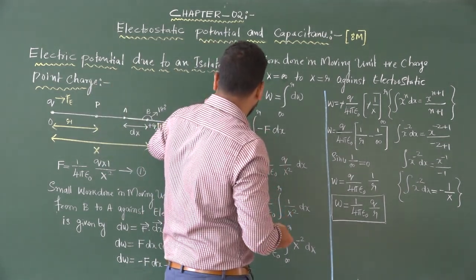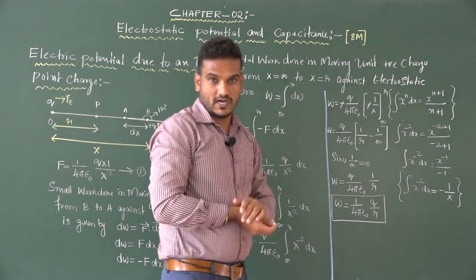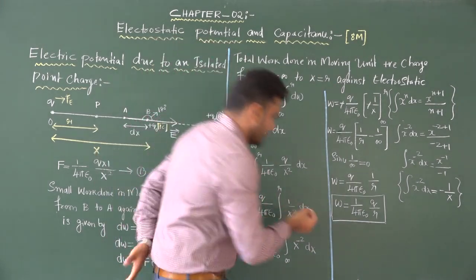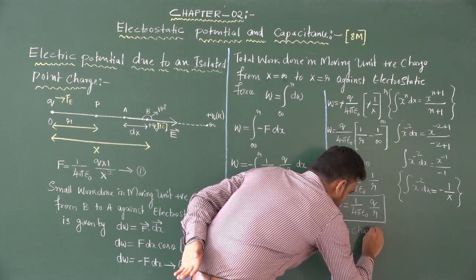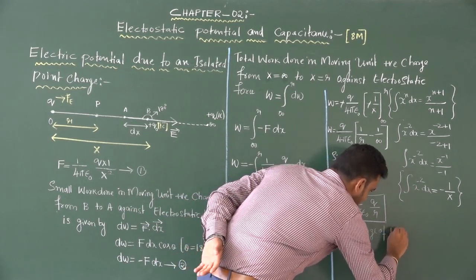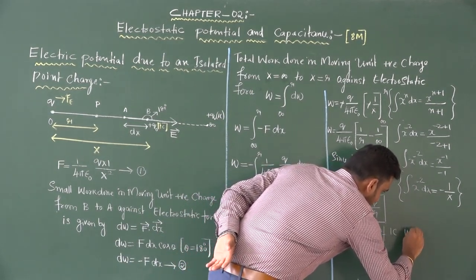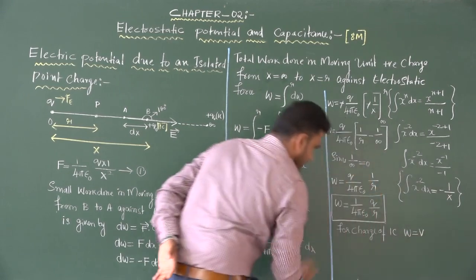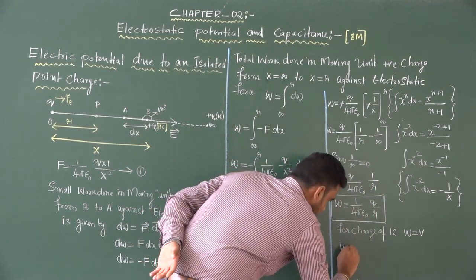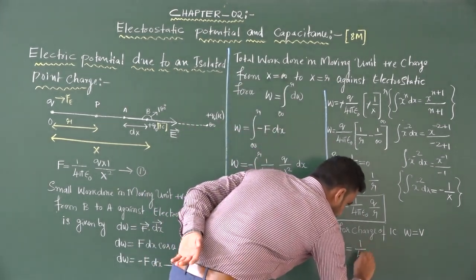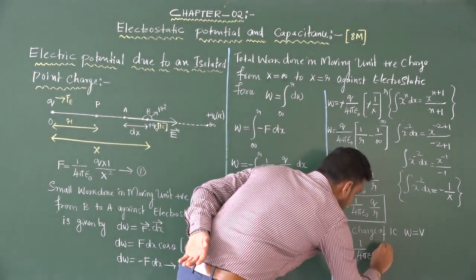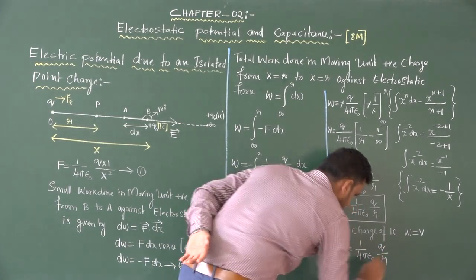Since we are bringing unit positive charge, which means a charge of 1 coulomb, W is equal to V. So this work done is stored as electric potential. V is equal to 1 over 4 pi epsilon naught, Q divided by r.